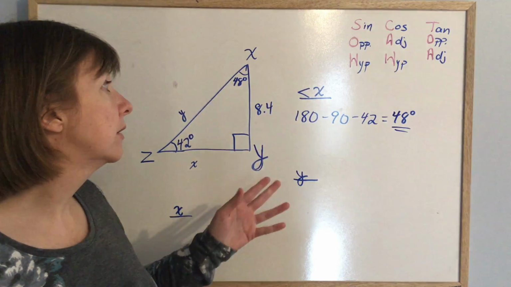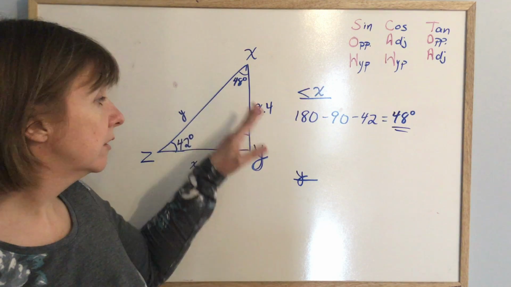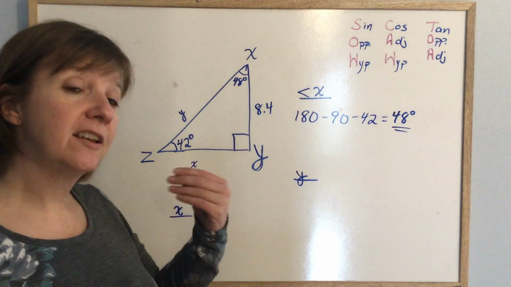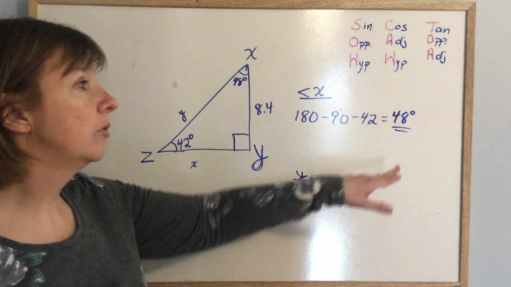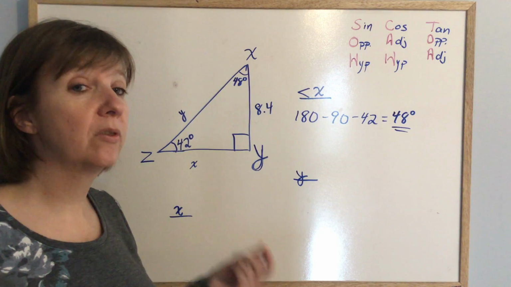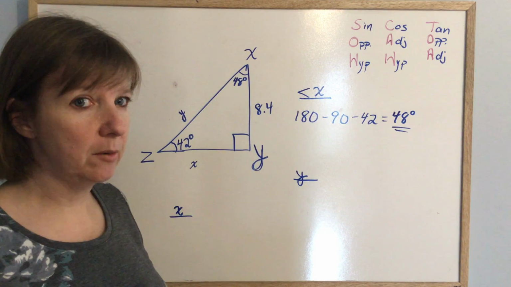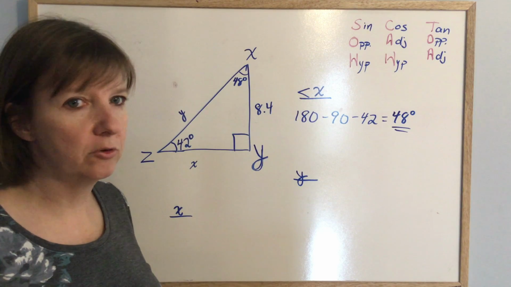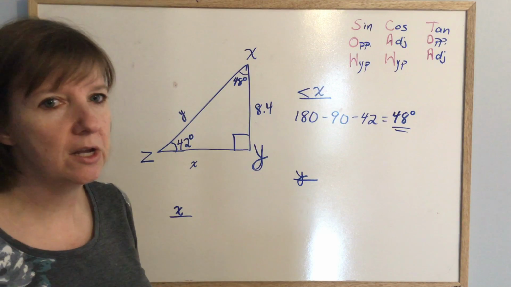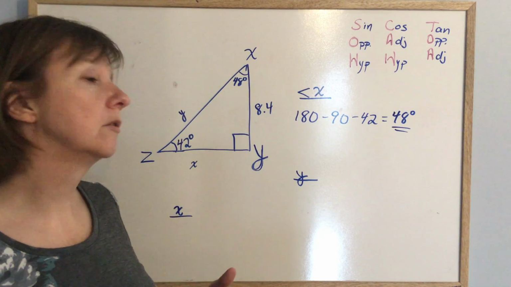If I happened to make a mistake in figuring this out, and then I use this number to figure this out, that will make this one wrong too. So I tend to mainly use things that were given to me in the question, just in case I made a mistake. Now, if you are confident that you got that 48 right, then go ahead and use it if you want to figure out something else.